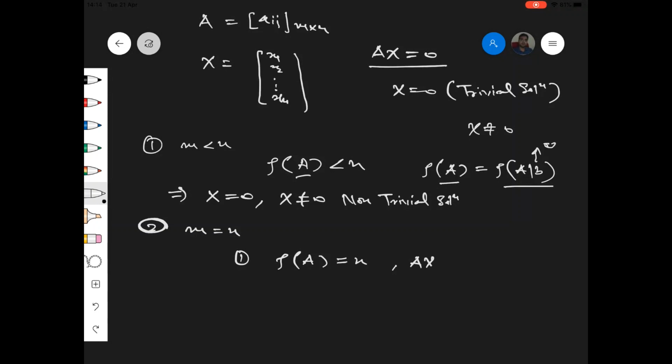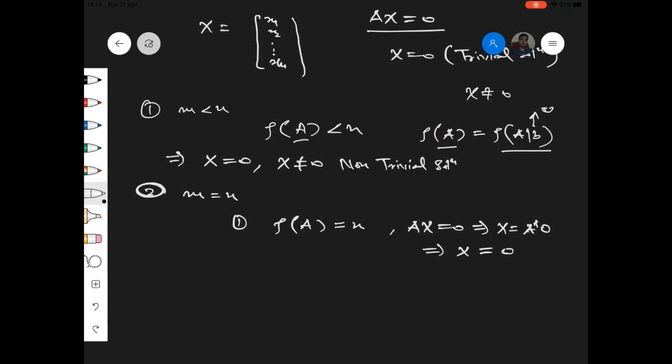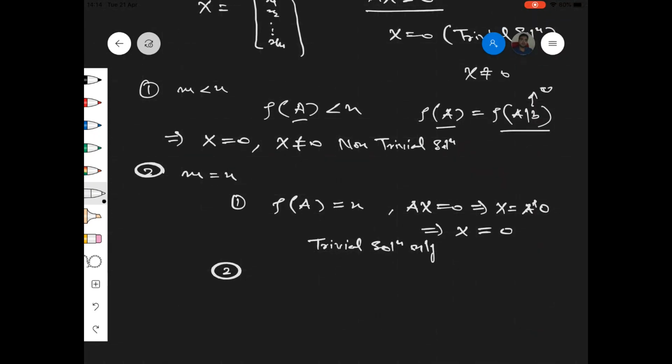In that case, Ax equals 0, we can simply solve it: x equals A inverse times 0, which results only in x equals 0. So if rank of A is equal to n, it will have only the trivial solution.